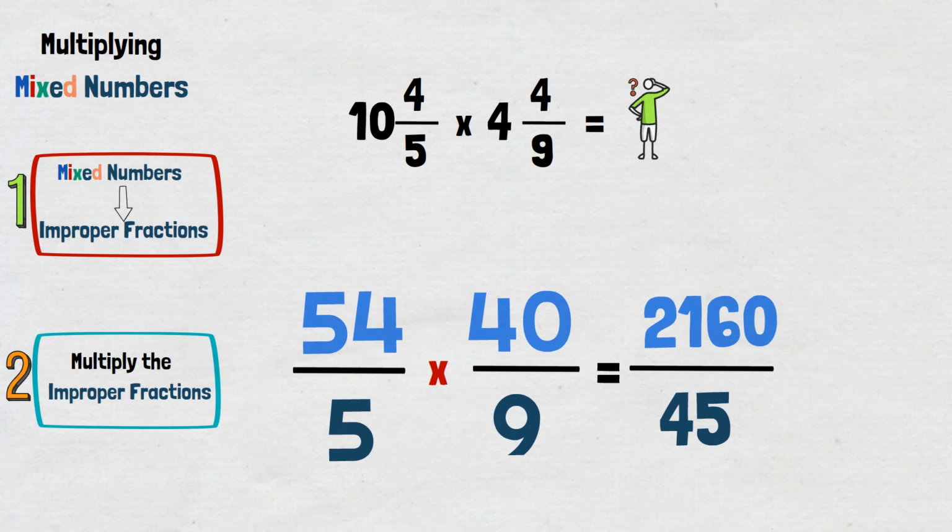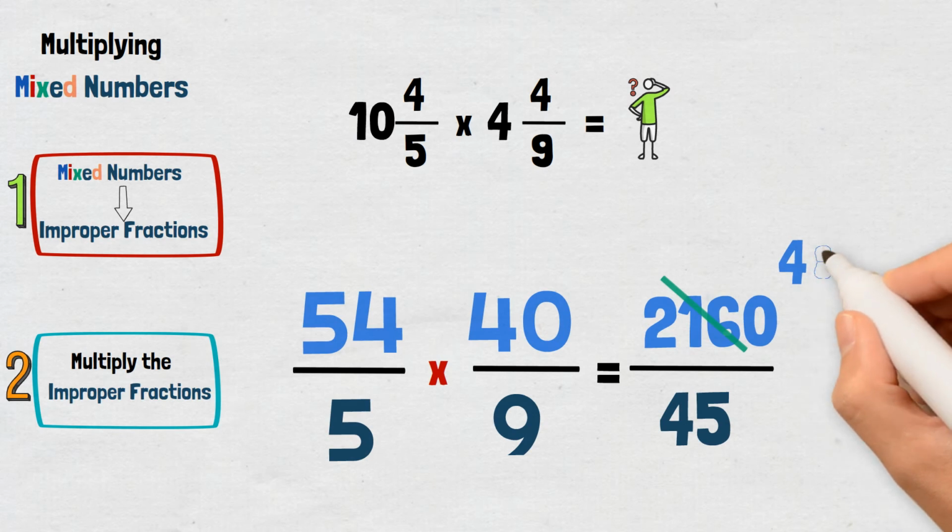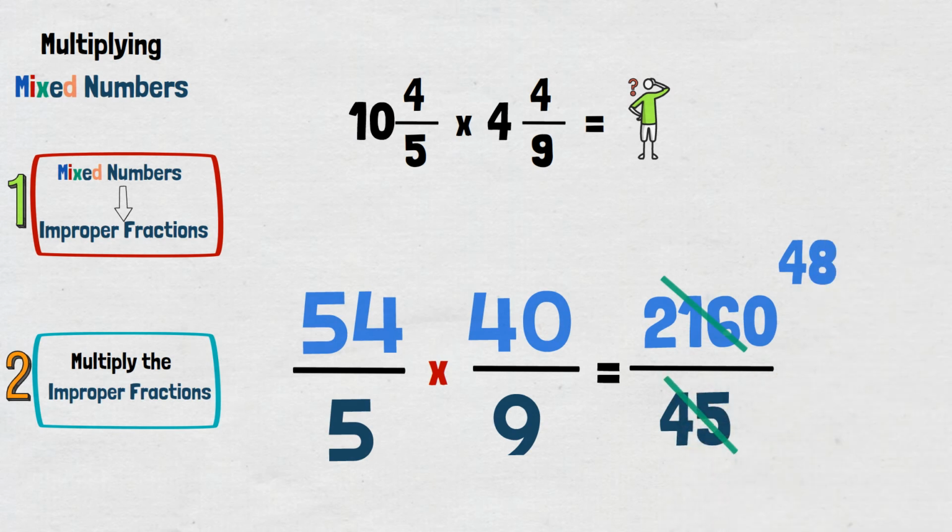In order to simplify this large fraction, we can divide both its top and bottom part by 45. 2,160 divided by 45 equals 48. 45 divided by 45 equals 1. Therefore, the final answer is 48.